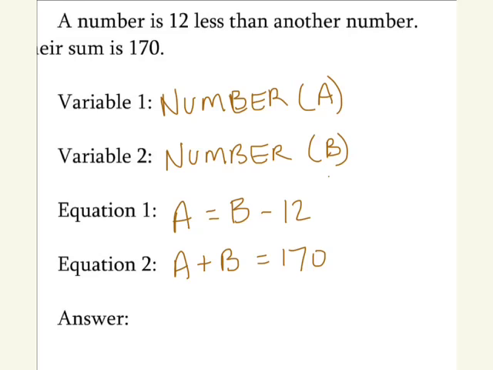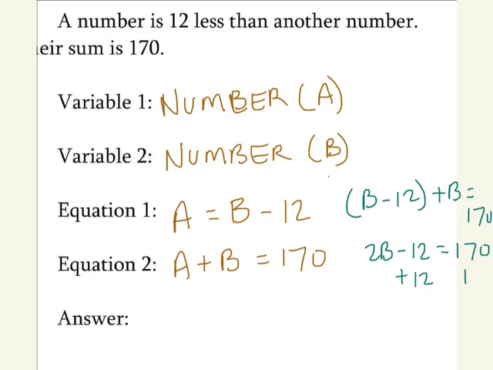Well, I can see that I have A solved for here. So now we can use substitution to solve for this. Everywhere I see an A, it becomes B minus 12. So over here I'm going to put this in: B minus 12 plus B equals 170. I'm going to add the like terms, so I get 2B minus 12 equals 170.